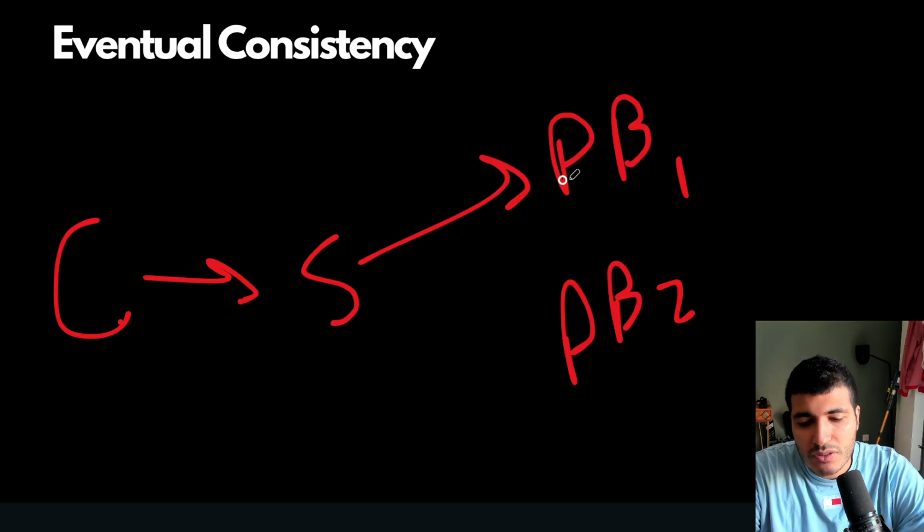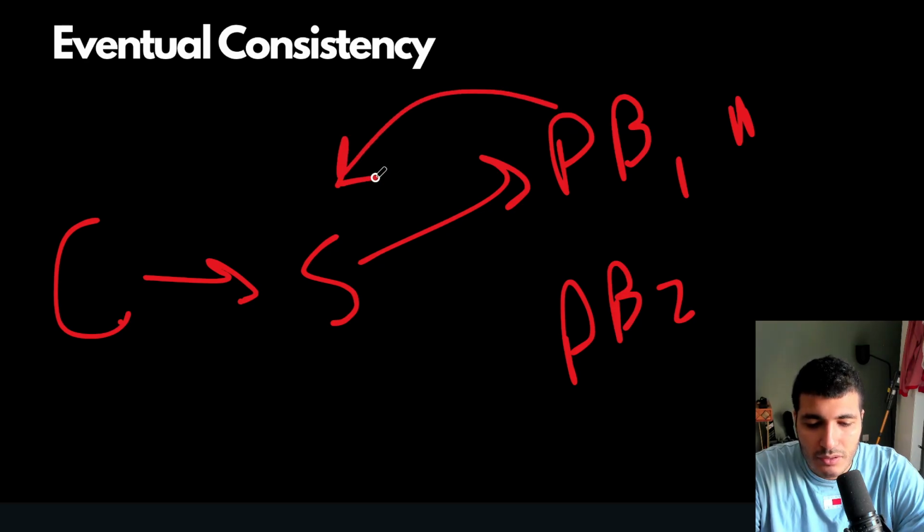Once the write request is accepted in DB1, it will send an acknowledgement that this write is successful, and eventually, asynchronously, it will update DB2.